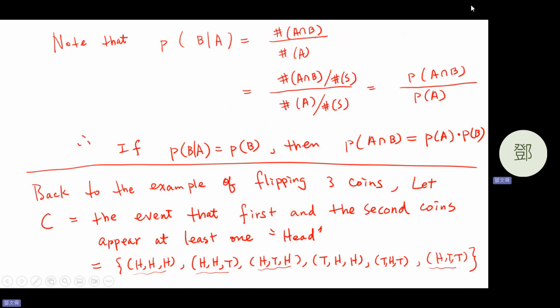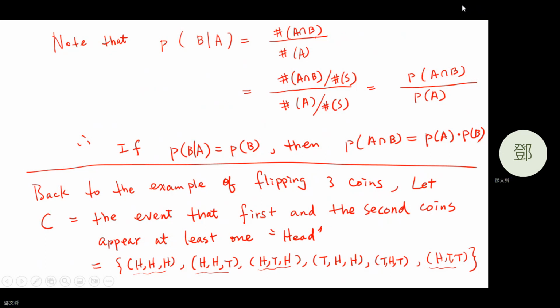The upper term divided by it, and the lower term also divided by it, and the result remains the same. If you divide the lower part, it is the probability of A, and if you divide the upper part, it is the probability of A intersection B.